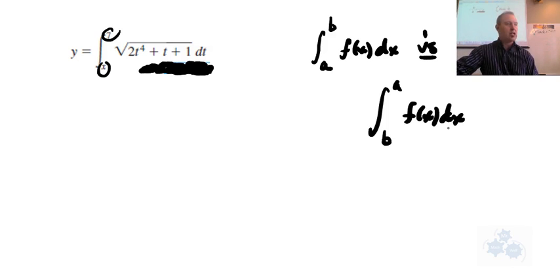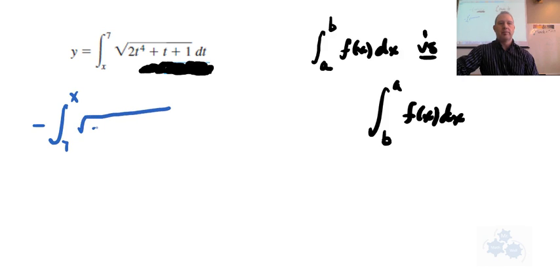They are negatives of each other. Awesome. So if you go one way, it's positive, if a is less than b. If you go the other way, it's negative. So what that means is you could flip them around and then just add a negative and do everything the same way that you did before. So that's what we're going to utilize here. If we flip around, put a constant on the bottom and the x on top, we just got to make sure we put a negative on the outside.